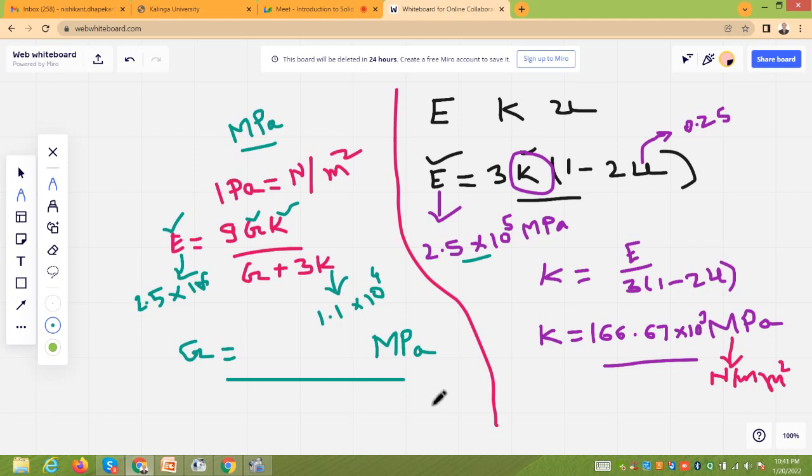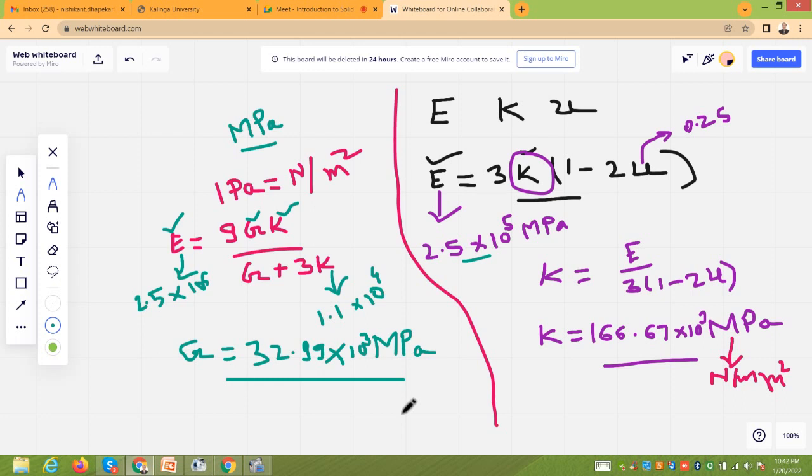So what value are you getting? Please let me know. Is it something like 32.99 into 10 to the power 3? Are you getting the same value or a different value? Yes, what value are you getting?